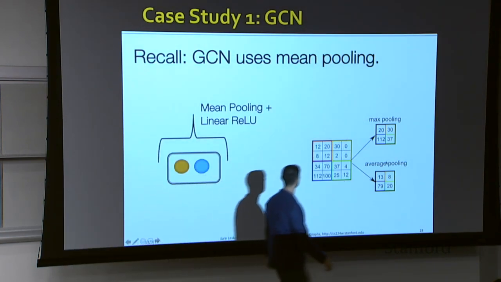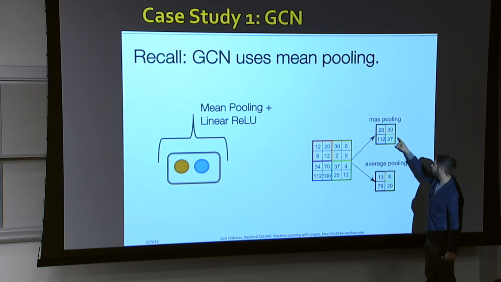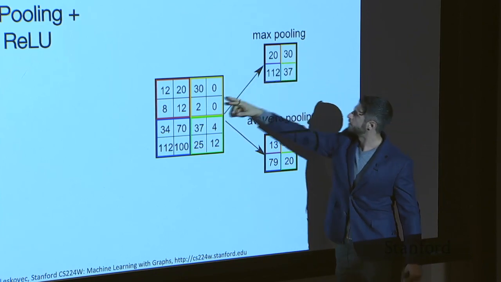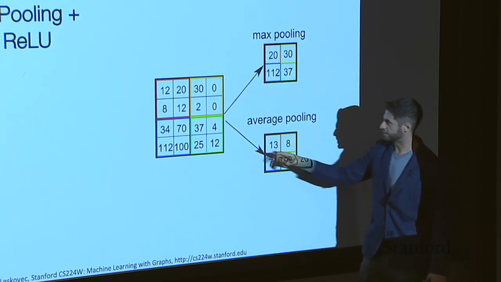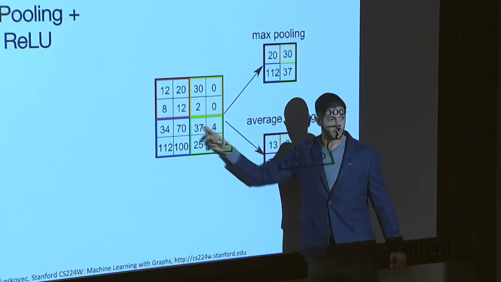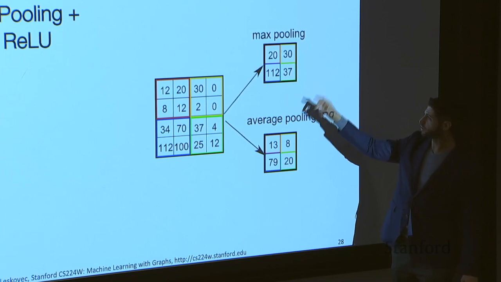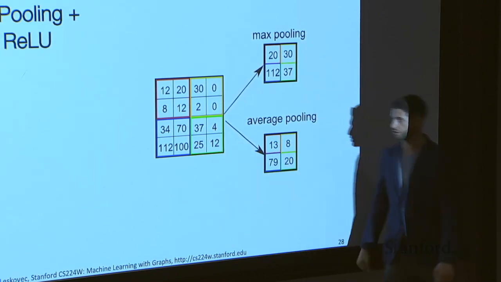With max pooling, we take the max component per each submatrix: you have 20, 30, 112, 37. Average pooling instead takes all the components and produces the average over them. So as a reminder, the GCN uses the average pooling part, and that's how it's going to behave.